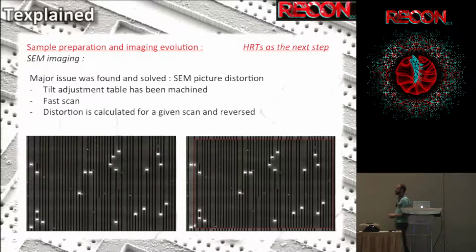So from this, you think you can just extract every piece of information from the pictures, but now you discover something bad. The pictures are distorted, and a lot. I don't know if we can see here, but on the right side, you have a red rectangle showing the dimension of the transformed picture, what it should be if there was no distortion in the SEM.